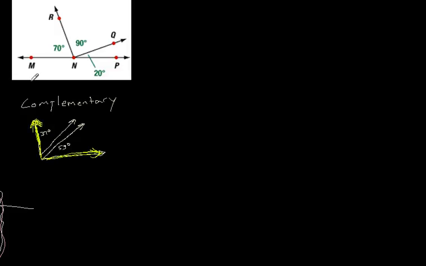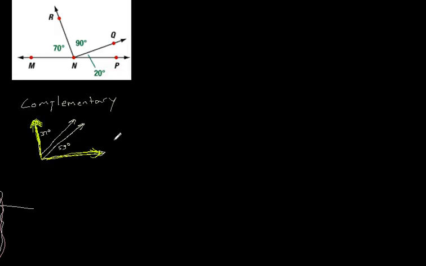Alrighty. Well, what about up here on the chart, on the diagram? Are there two angles that, when added together, make 90 degrees? Yeah, absolutely. I've got angle MNR and angle PNRQ that make up 90 degrees. So how would I name that?